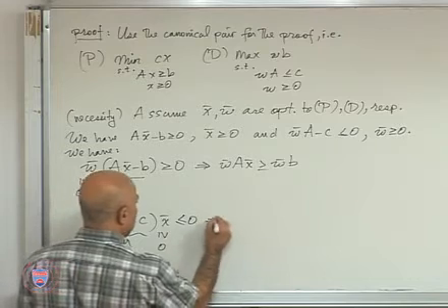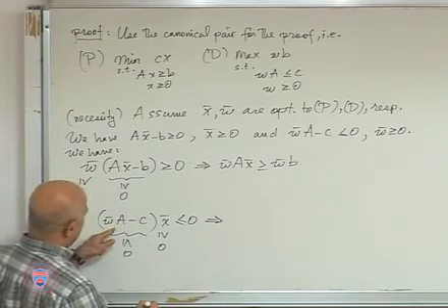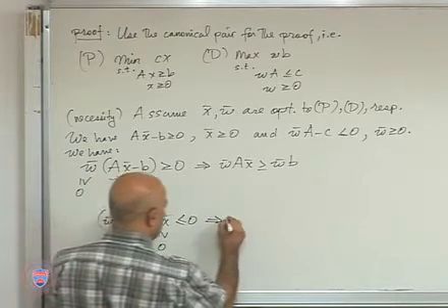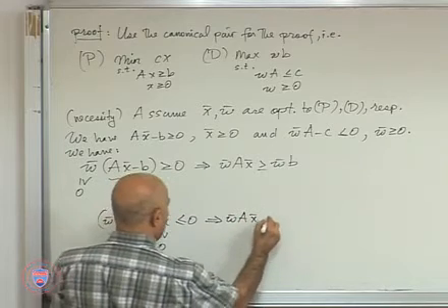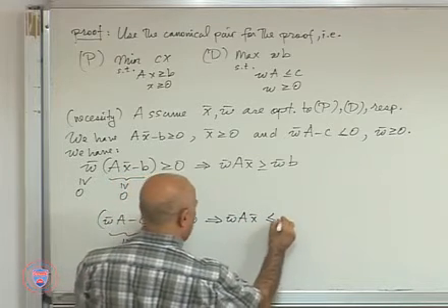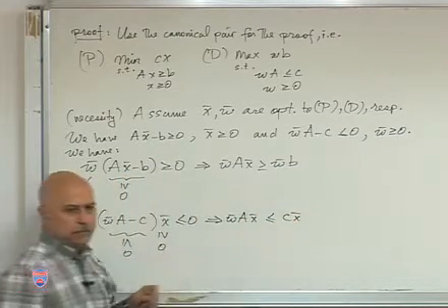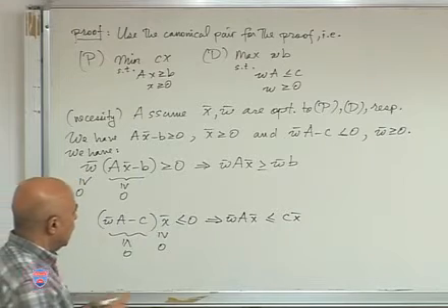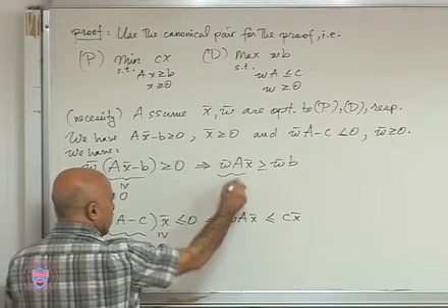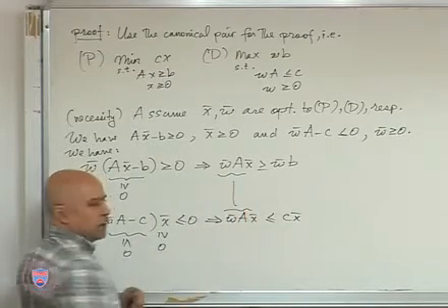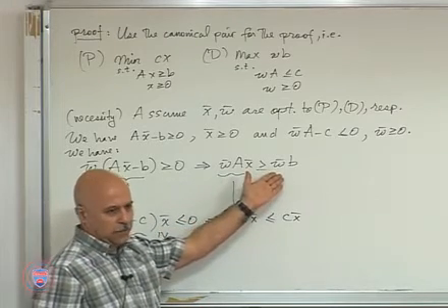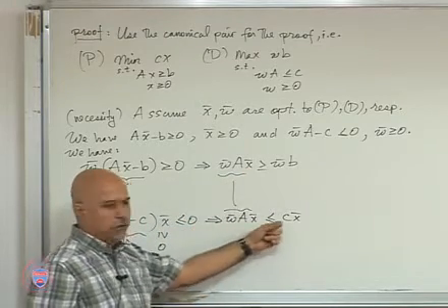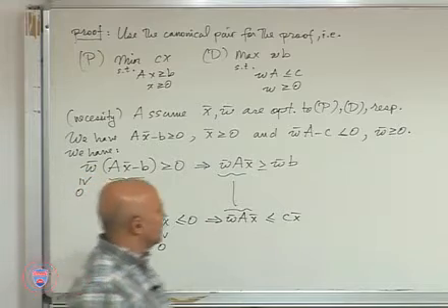Which implies that w bar A x bar is less than or equal to Cx bar. So I've got the same left sides. It is greater than something in the first case, less than or equal to something else in the second case.